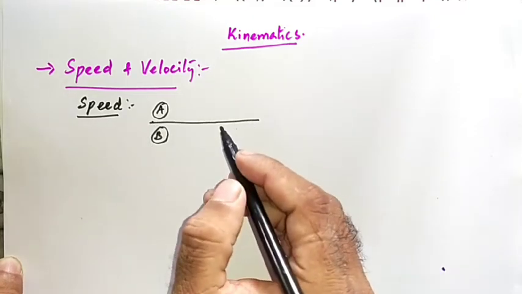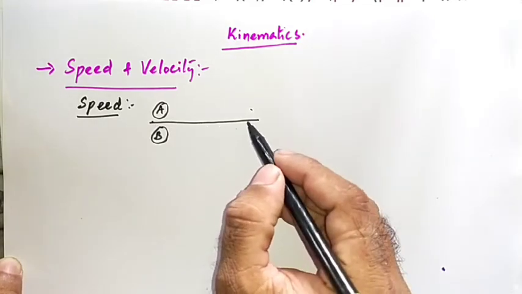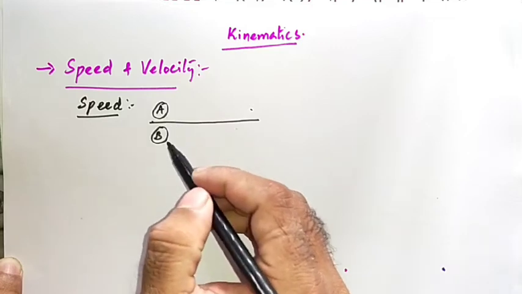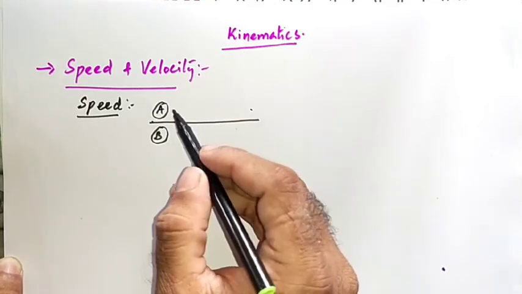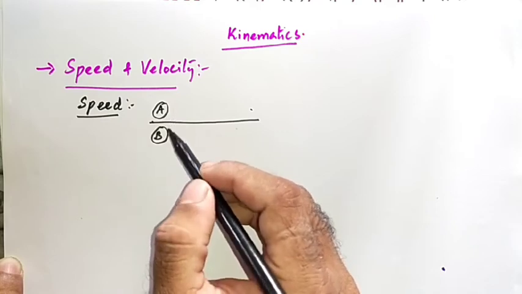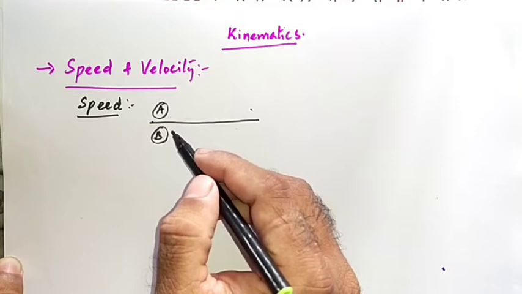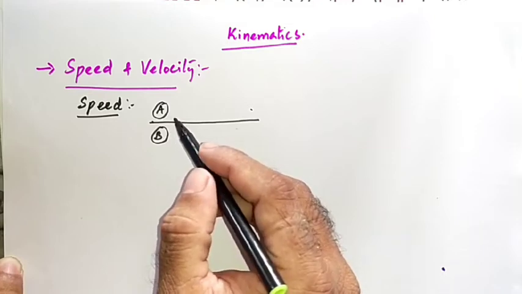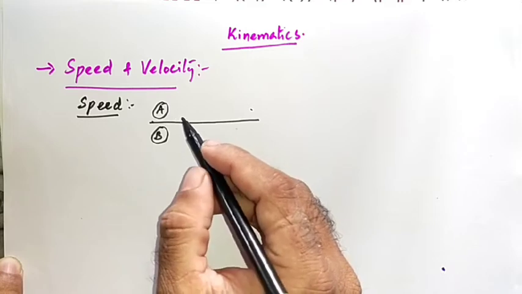If A reaches first before B, then we say that the speed of A is greater than the speed of B. We say that object A is faster and object B is slower. Generally we use the term speed in our daily life.